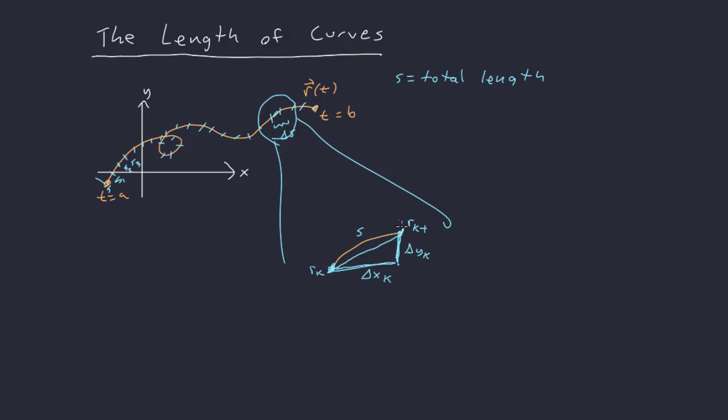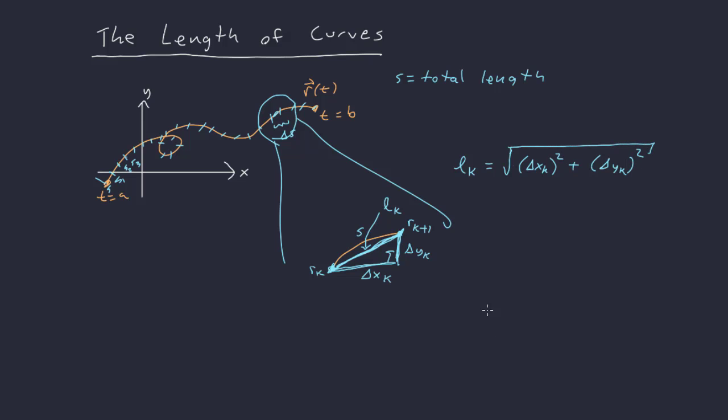All right, and we can get the length of this here. I'll call that L sub k. All right, so L sub k, well, from the Pythagorean theorem, or just what we've established before, just the length of the vector from this point to this point, it's going to be the square root of delta x sub k squared plus delta y sub k squared.